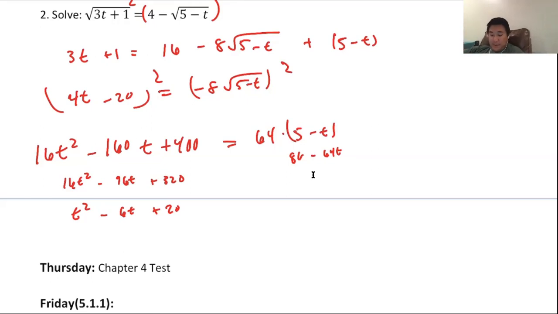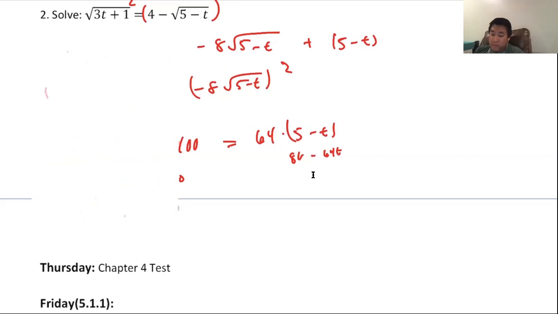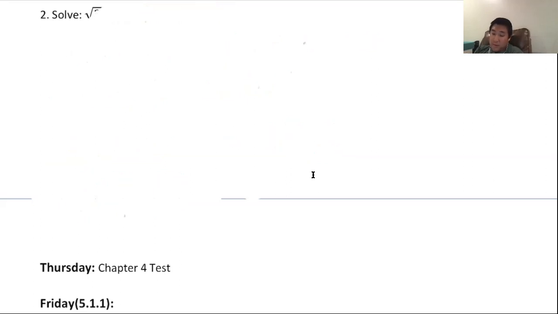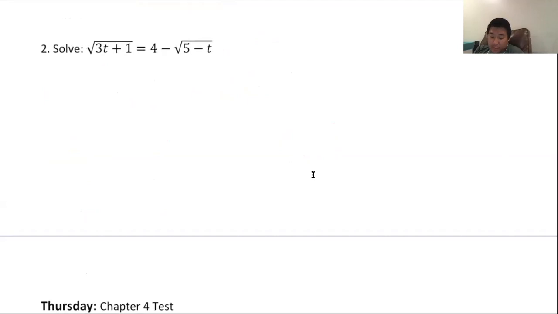There's a mistake somewhere. Start over. I wish I could edit that out for you. So I have squared 3t plus 1 equals 16 minus 8 square root 5 minus t plus 5 minus t. Bring down the 16, that's negative 15.